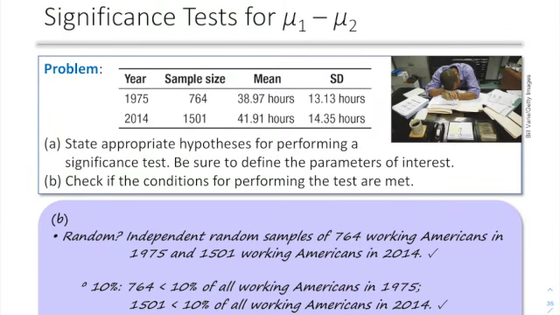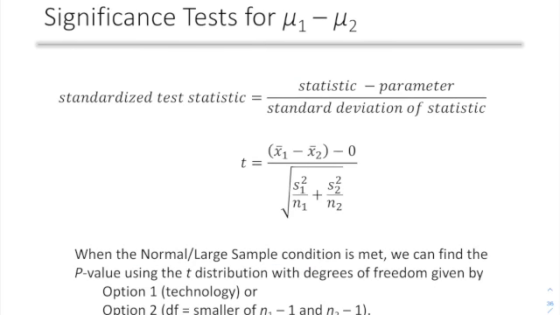Alright, so we did have random samples of 764 working Americans in 1975 and 1,501 working in 2014. Those definitely are less than 10% of all working Americans during those 2 years, and both have large samples. So now we're on to the actual test, doing your standardized test statistic. Again, on your formula sheet, you have standardized test statistic equals statistic minus parameter divided by standard deviation of a statistic.